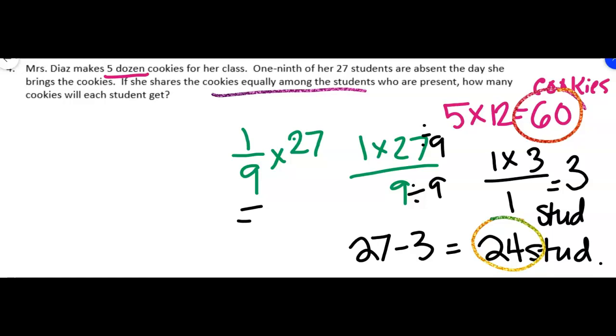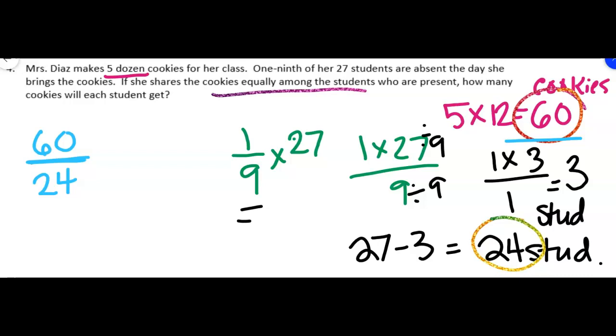How many cookies will each student get? How are we going to solve this? Well, one way I can write this is as a fraction: 60 divided, because I have 60 cookies, and I'm going to divide them by 24 students. So remember, this is a division sign. So 60 divided by 24.